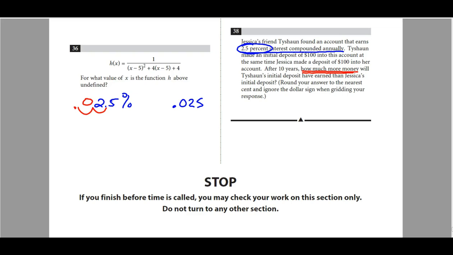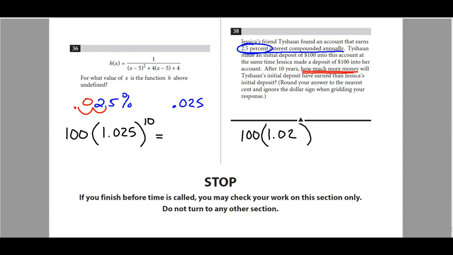So let's compare them side by side. You put in $100. Tyshawn got 0.025, so I'm going to go 1 plus 0.025, and the duration is 10 years, and we're going to get his amount. And then we're going to compare Jessica, who started with $100. It grew, so we add it to 1.